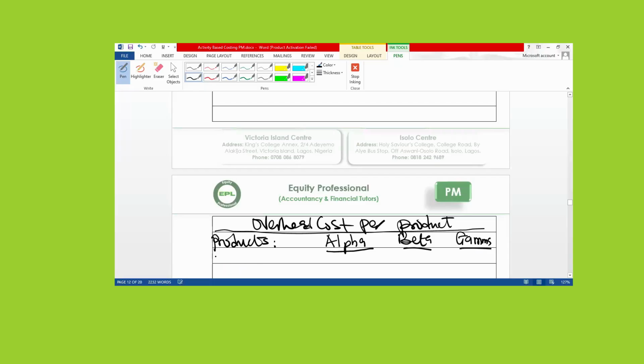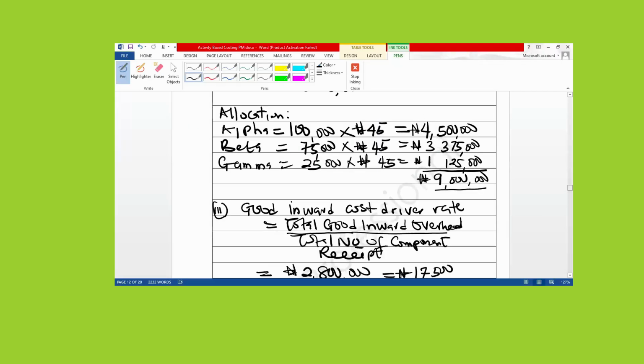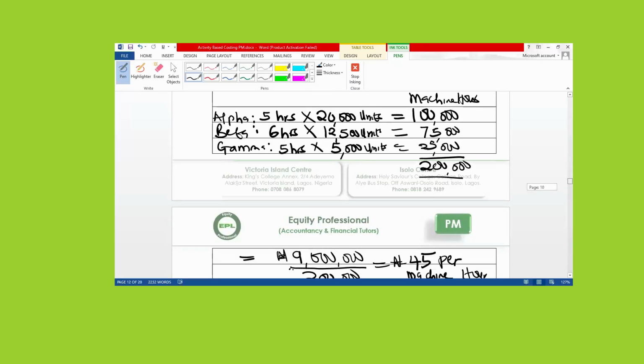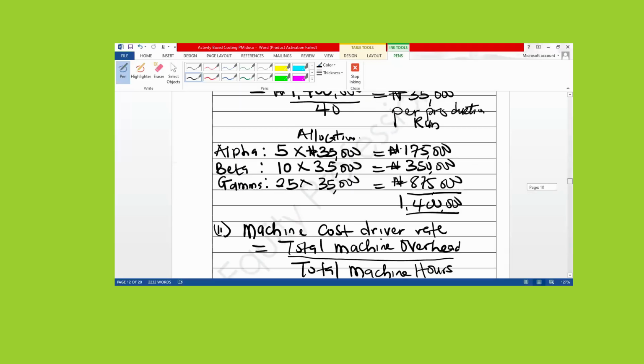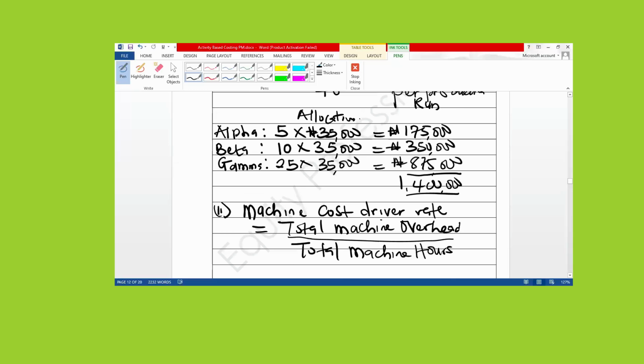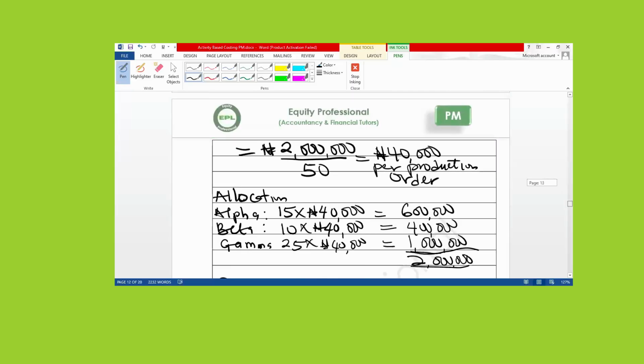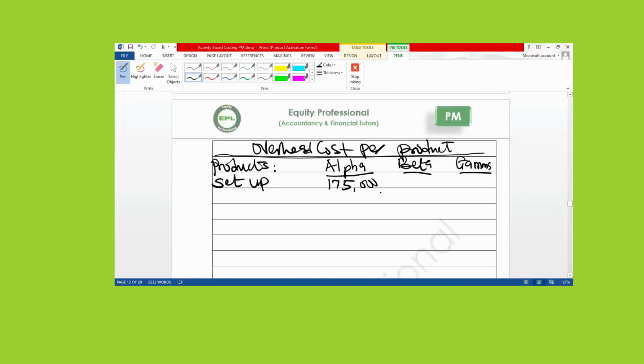We start with setup. Here we have 175,000, 350,000 for beta, what we have calculated before. 175, 350, 875,000.